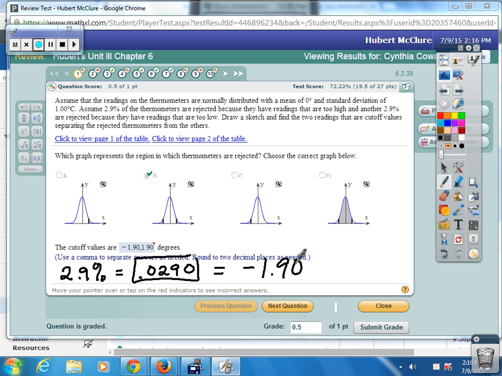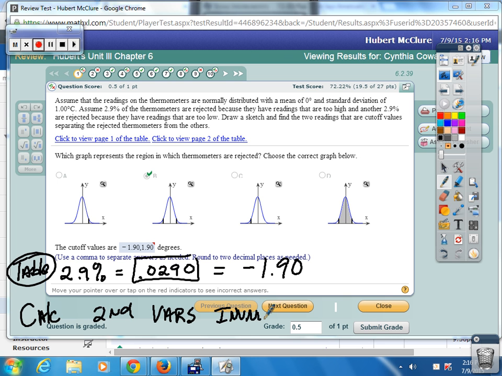Now, if you use the calculator, and you do second bars, inverse norm, 0.0290, what does it give you, Miss Joshi?